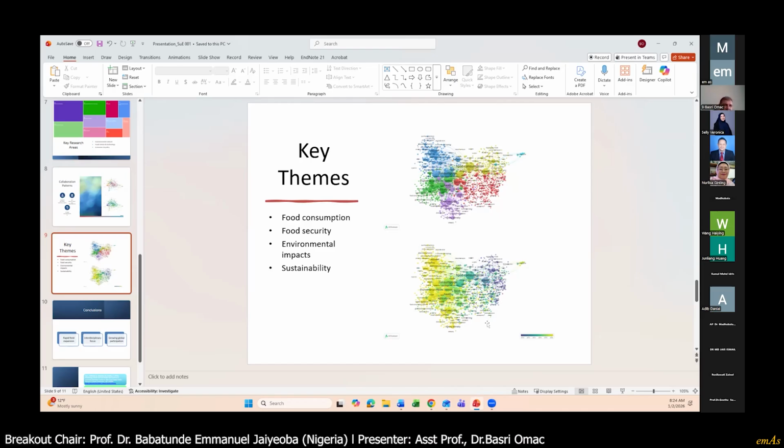But nowadays most studies focus on the consumption and health part, and especially food security, another parameter.